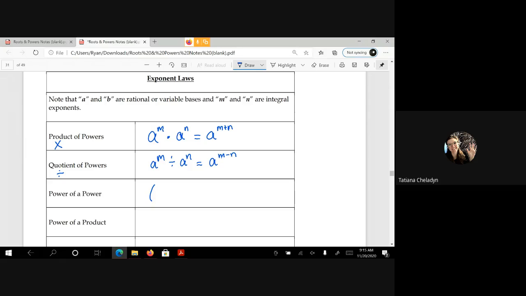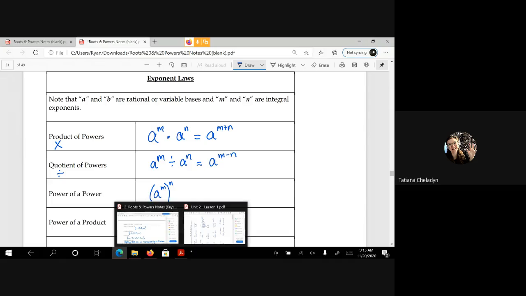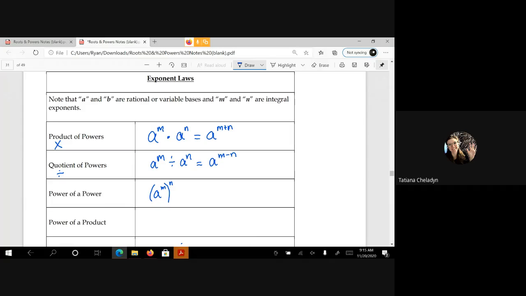So what I mean is we have a to the m, and it is all to the n. And so here, what we're going to do is multiply a to the m times n.